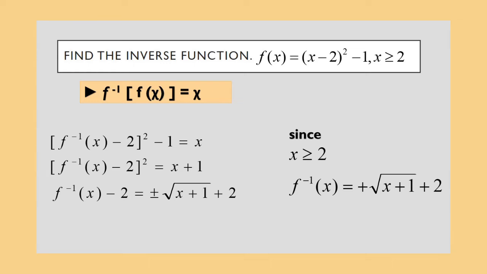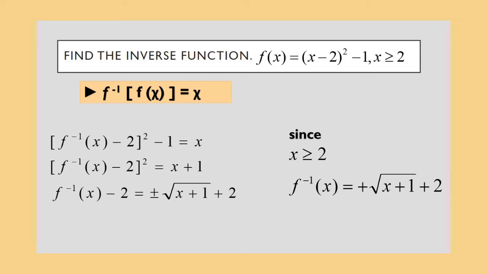Next, f(x) equals (x minus 2) squared minus 1. This question is in completing the square form, so we no need to expand. For this question, we just replace x with f inverse: (f inverse x minus 2) squared minus 1 equals x, and simplify until we get f inverse as our subject.